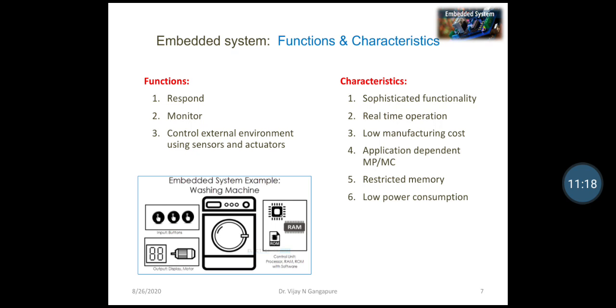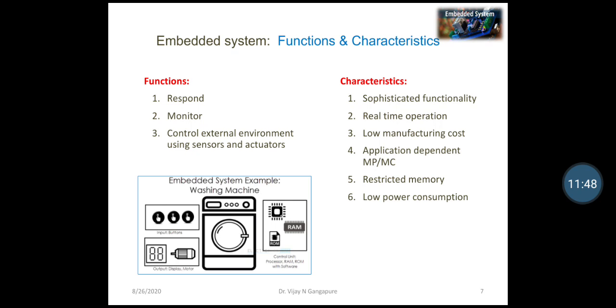These are the characteristics. One example is stated here, an example of one embedded system, that is a washing machine, to explain these characteristics. Inside an automatic washing machine, there is an embedded system which controls the functionality provided by this washing machine. To provide this functionality, there is a control panel.